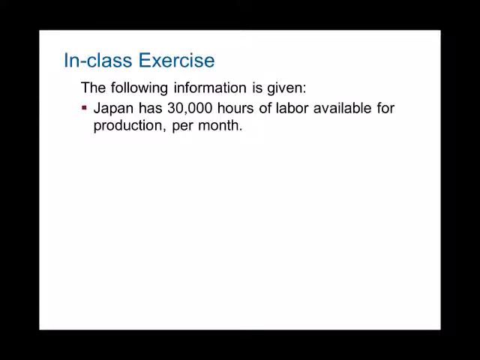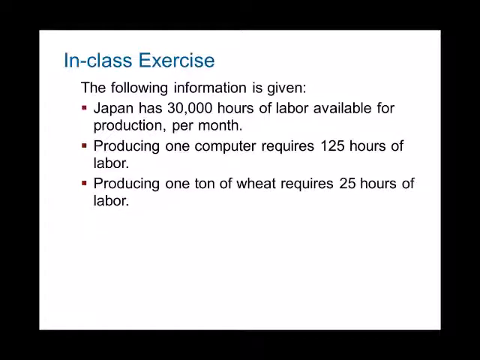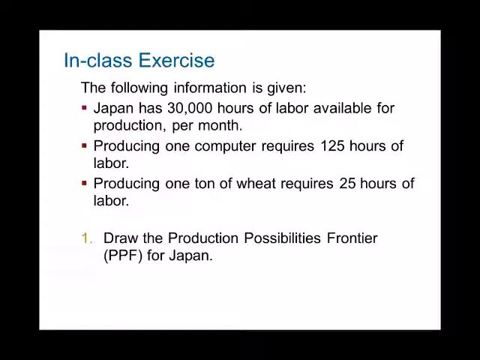So you can try this exercise. Japan has 30,000 hours of labor available. Producing 1 computer requires 125 hours of labor. Producing 1 ton of wheat requires 25 hours of labor. So you can try to construct Japan's production possibilities curve. You need to find out how many computers Japan can produce in 30,000 hours.